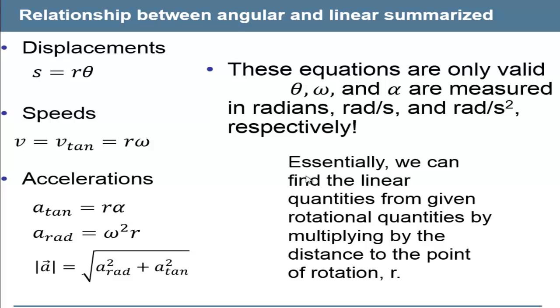But as long as we have our angle measured in radians, we can just find the linear quantities from the given rotational quantities by multiplying the angular quantities by the distance to the point of rotation, r. It's essentially what's going on in most of these. The only difference is our radial acceleration, which deviates from that and is equal to r omega squared. It's because of the way it's defined.